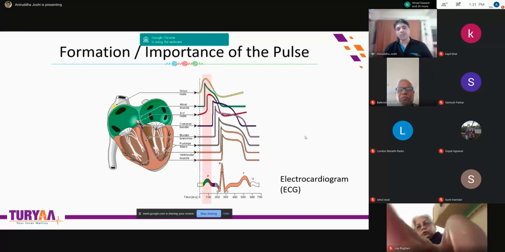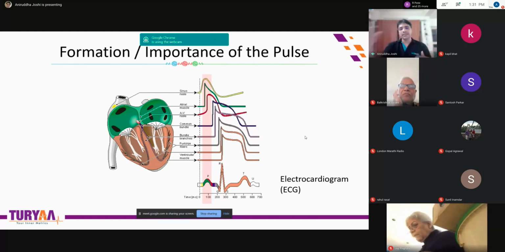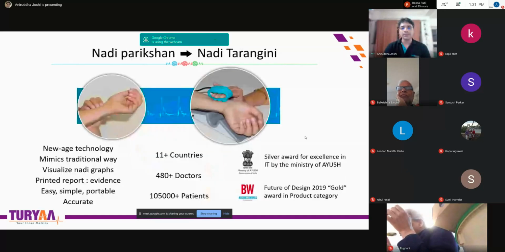Based on the pulse waveform, if we understand what is right and what is wrong, we can work on it to get a good pulse waveform back. So just as the ECG signal is very established now, we are working similarly on the pulse signal. So this is how we work.